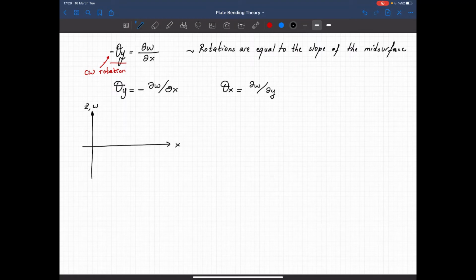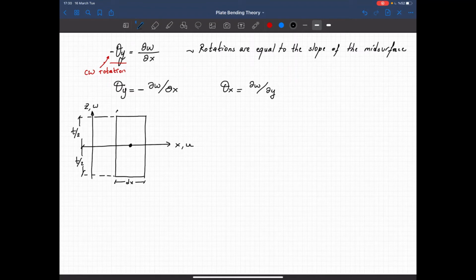That's the x-axis and we have the u. So I'm just considering this fiber with an infinitesimal displacement. That distance is dx. This distance is t over 2 and again t over 2.